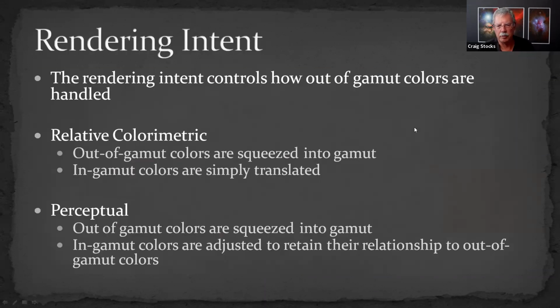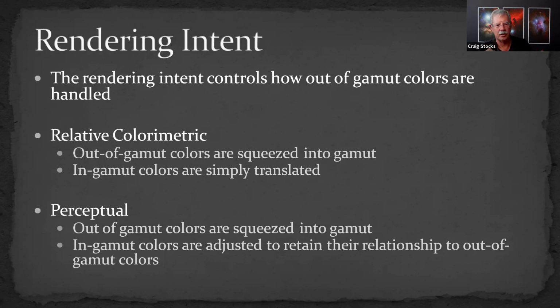Which of course brings up the question, well, now what's rendering intent? Rendering intent really just describes how the software is going to manage colors that are out of gamut, that are beyond what it can reproduce. Relative colorimetric basically properly maps everything that's in gamut, and colors that are out of gamut, it just squeezes into the nearest color that's in gamut.